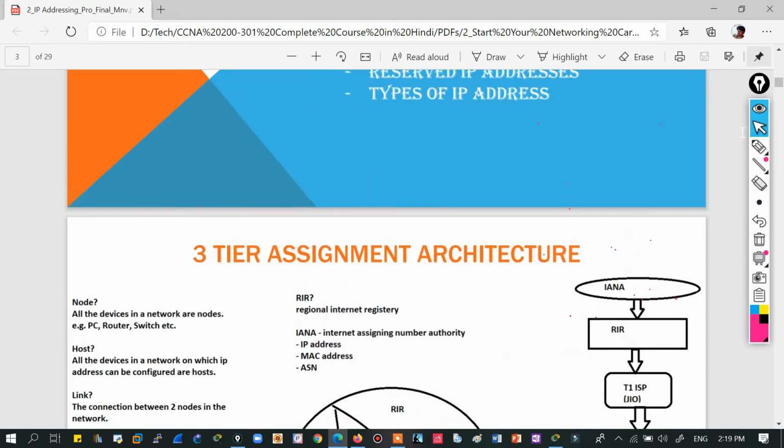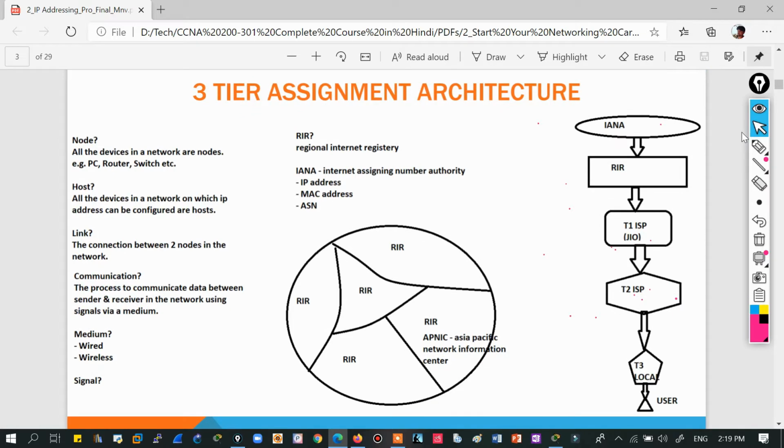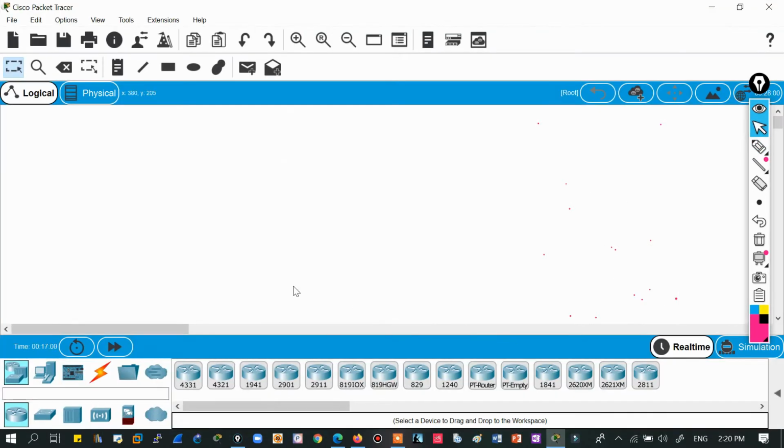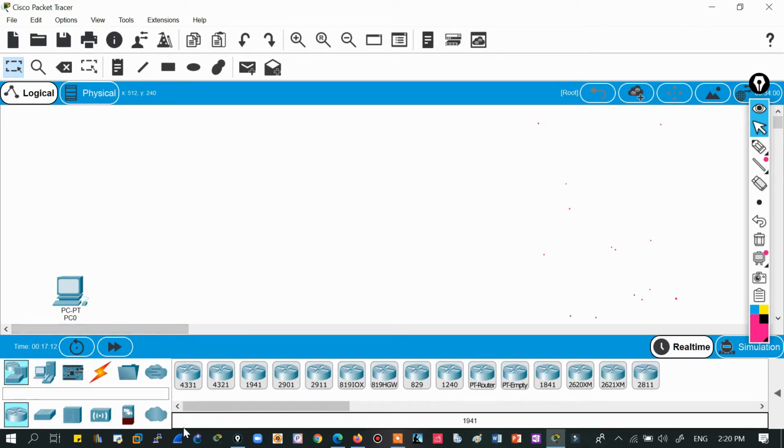The first slide is about the three-tier assignment architecture. What we mean by this slide is, if I take this example in Packet Tracer, you have your PC at home and you want to use the internet on it. You need to connect your PC to your Wi-Fi router.